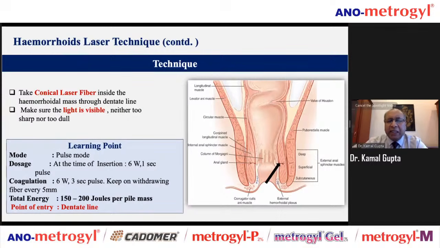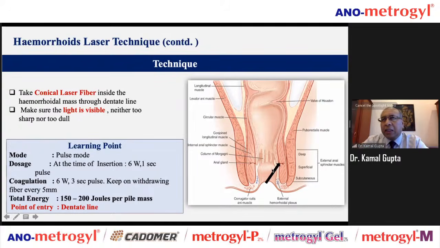Now coming to the technique, how to do it? Well, the fiber which we use is a conical laser fiber. Make sure light is not very bright, and the most important is the point of entry. Now initially when I started, I used to go from the mucocutaneous junction somewhere from over here.